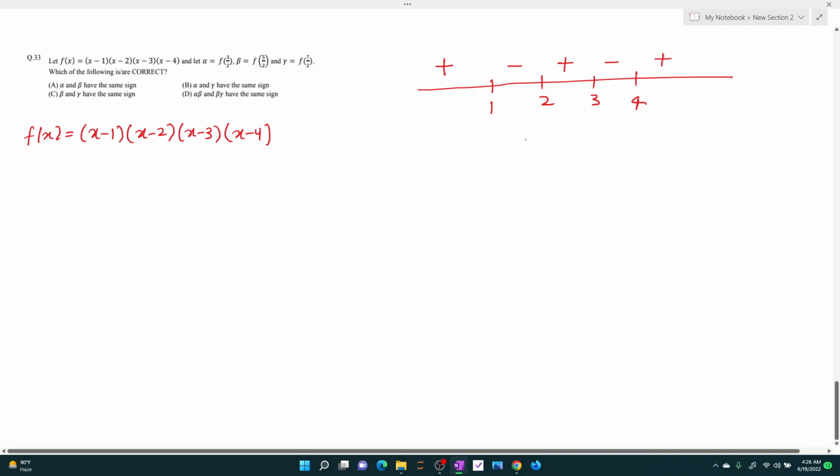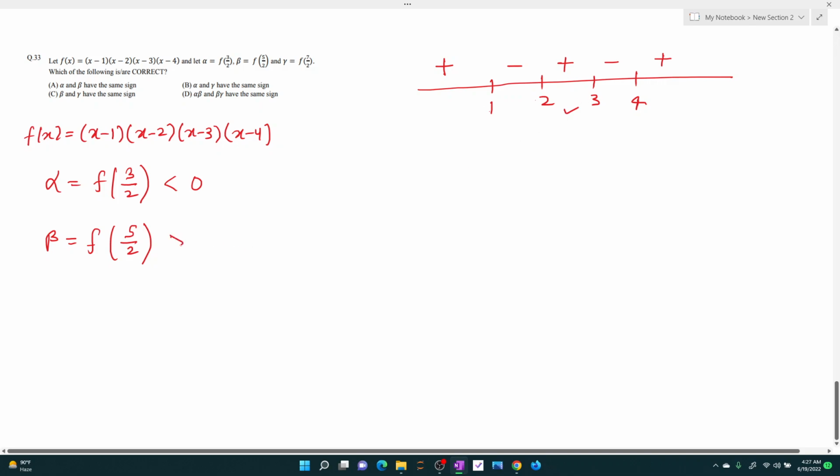Okay. So now they give us the value f at 3 by 2, right? Alpha is f at 3 by 2. So 3 by 2 is something between 1 and 2, right? So this is definitely going to be less than 0, and alpha has the negative sign. Now beta is f at 5 by 2, and 5 by 2 lies between 2 and 3, right?